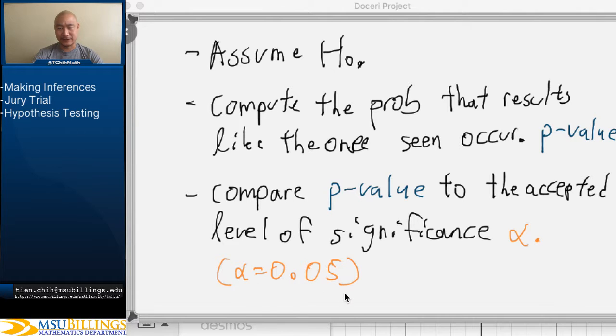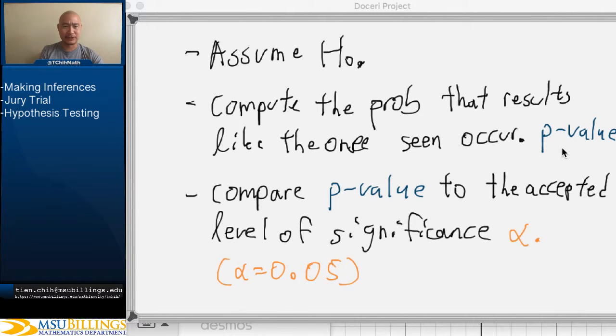Let's just, for example, use 5% as our alpha. What we're saying is, we assume the null, and what's the chance that results like the ones that occurred happen? If the chance of something like that occurring is less than 5%, then we'll say, okay, that's really not very likely.